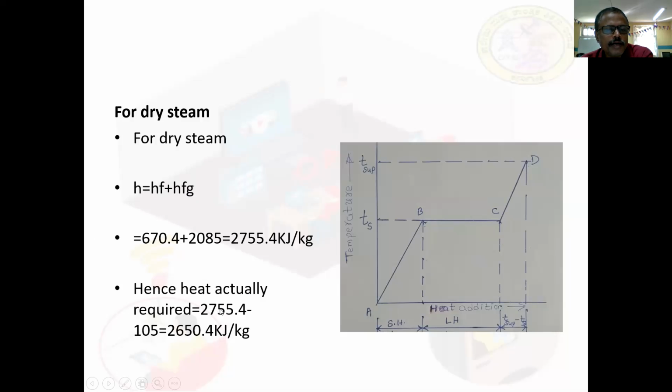Hence, heat actually required is 2755 minus 105, which we have calculated earlier. That is 2650 kilojoules. That is for dry steam. We are calculating this for dry steam. Dry steam means point C. What is the heat required to produce dry steam?